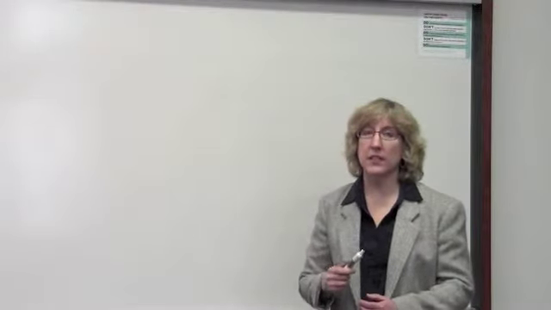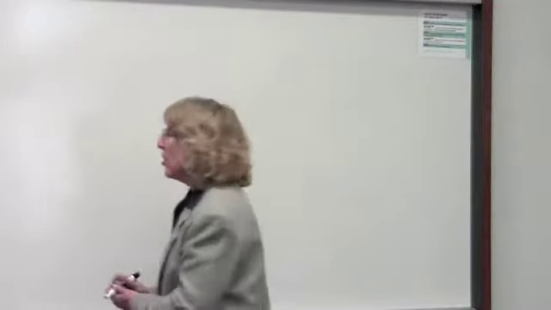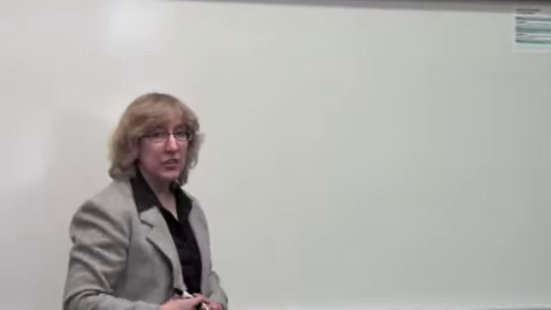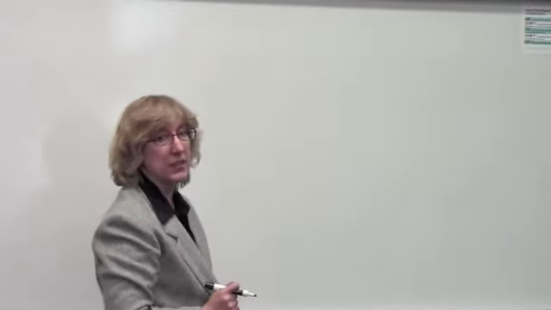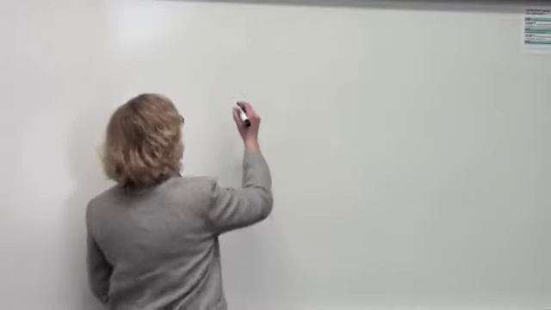Sometimes when we're writing items in a list, we're listing phrases. So when those phrases have internal commas, we need to separate the items in a list with a semicolon.